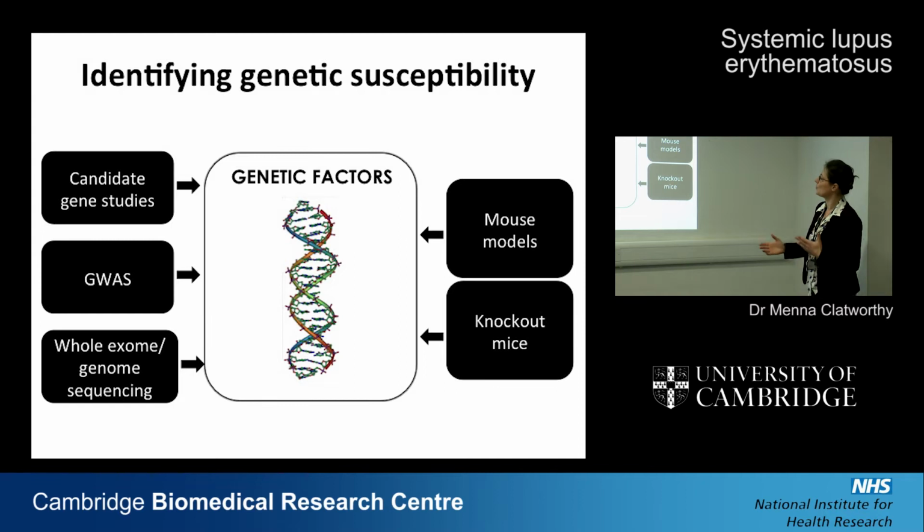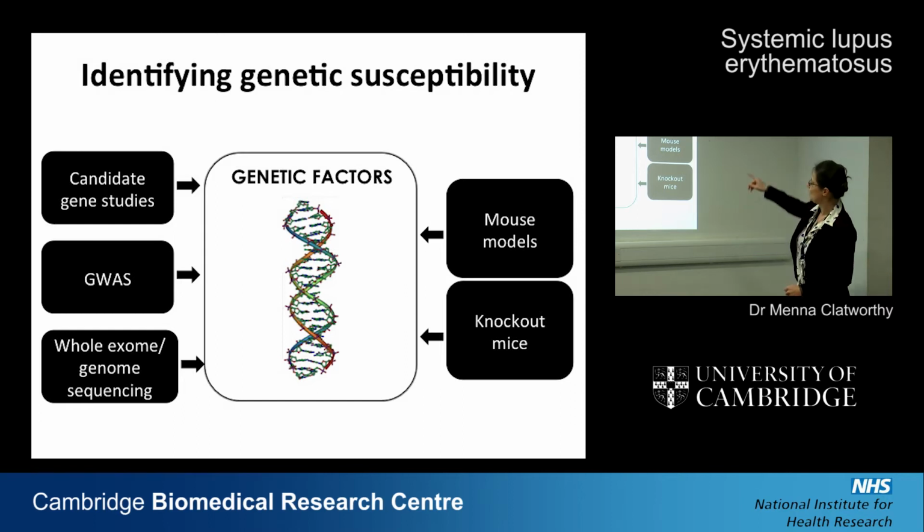So the other models that we use, and this is what I really want to focus on in this talk. And I would argue that in lupus, probably mouse models have identified more genetic variants that contribute to disease than human studies.